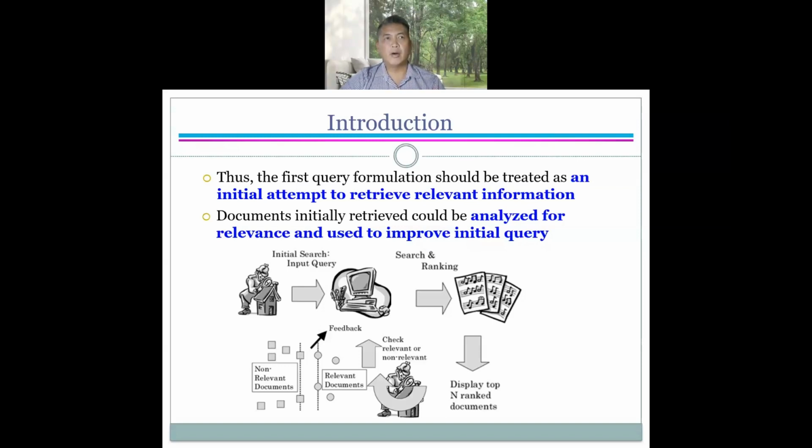And then you will check which one is relevant and which one is not relevant. By opening the link, you tell the system that this document is relevant to your research or your search query. So you indirectly tell which one is relevant.